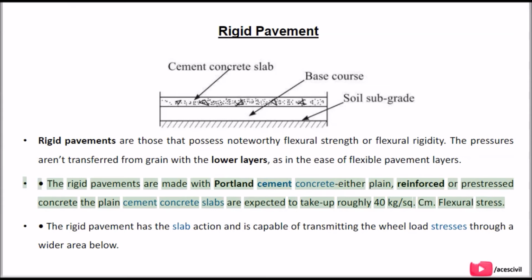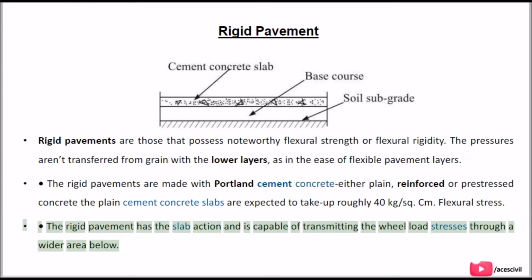The plain cement concrete slabs are expected to take up roughly 40 kg per square cm flexural stress. The rigid pavement has slab action and is capable of transmitting the wheel load stresses through a wider area below.